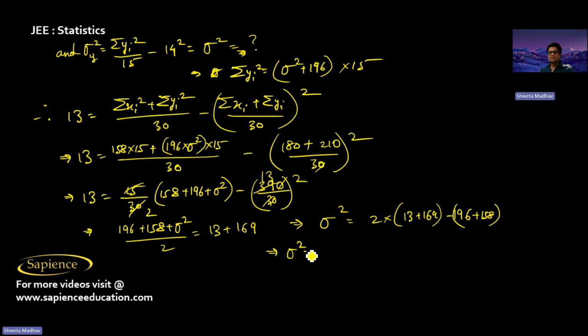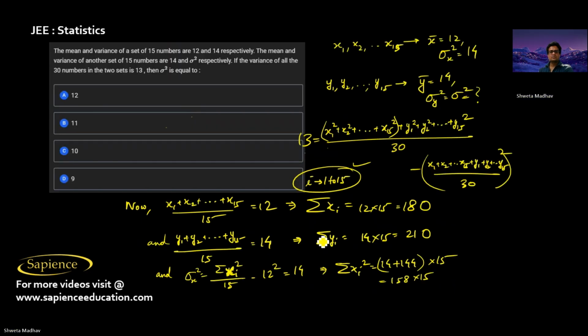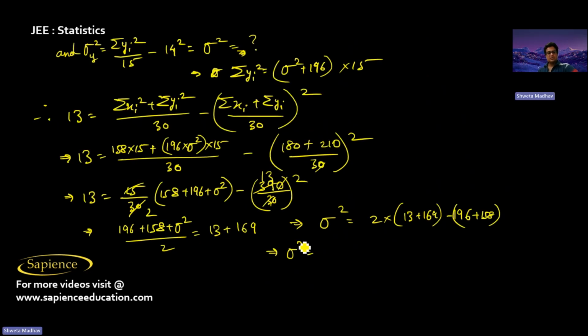That means sigma square will be equal to 13 plus 169, that is 182, into 2, that is 364, minus 196 plus 158, that is 354.